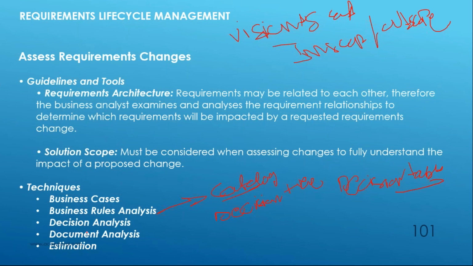You also need to talk about decision analysis. Decision analysis will be very, very important. You are trying to decide whether the requested change request will be deferred, accepted, or rejected. When you're taking such decisions, we need to consider decision analysis.